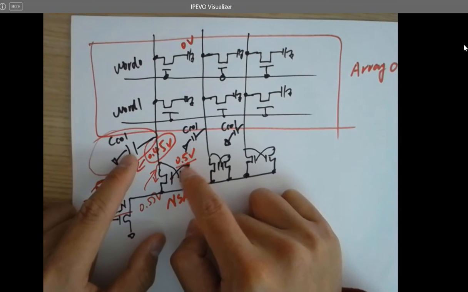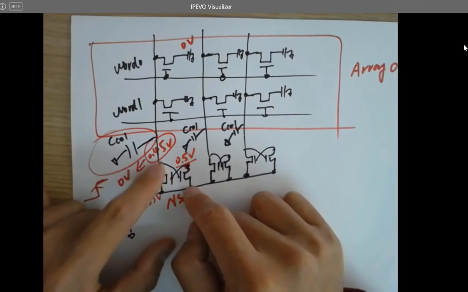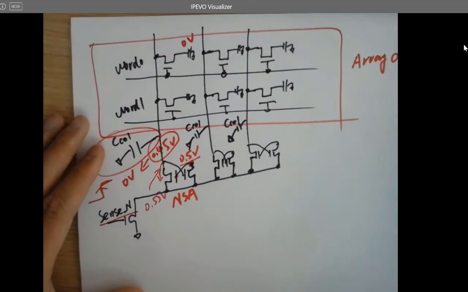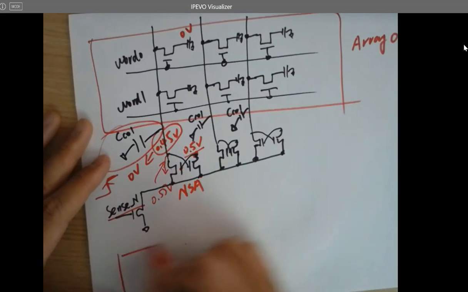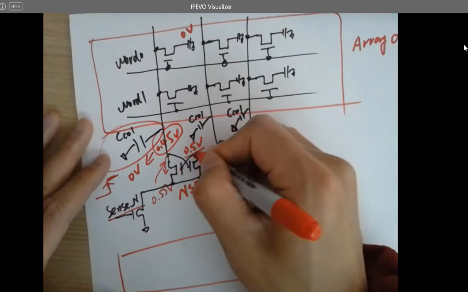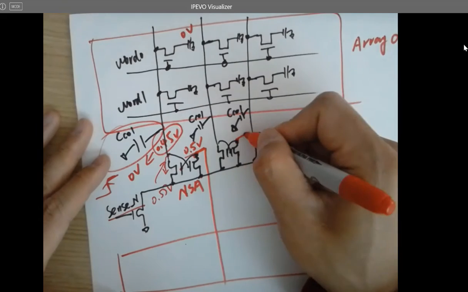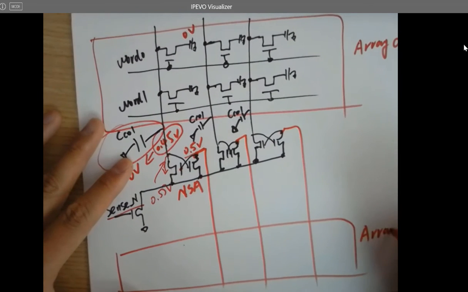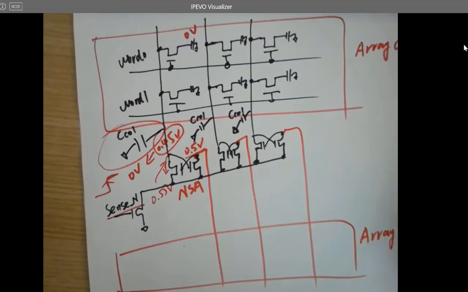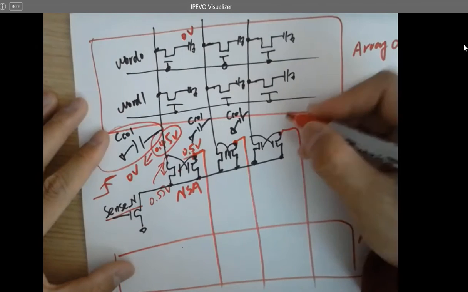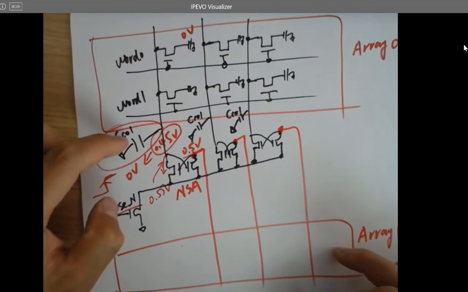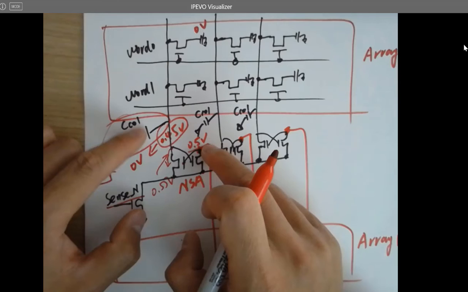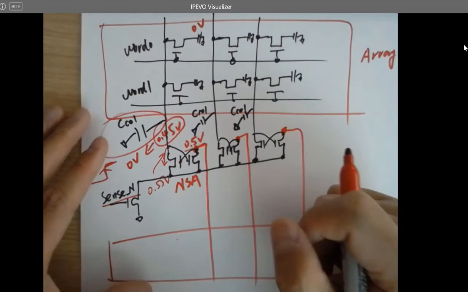So when this is being discharged, it's a mismatch compared to the two sides. So the way to solve this problem is to connect all the drains here to another array. Right? So you can balance the parasitic capacitance from these two sides. So they are symmetric.